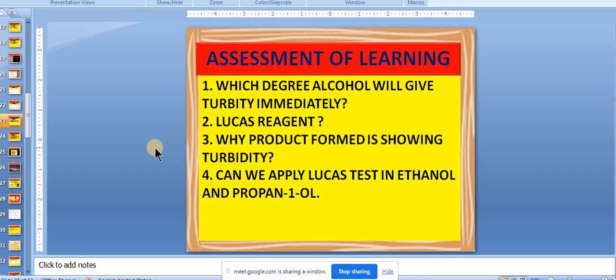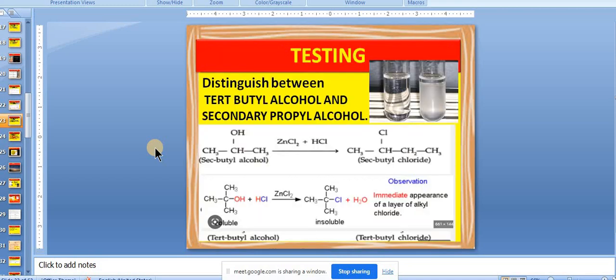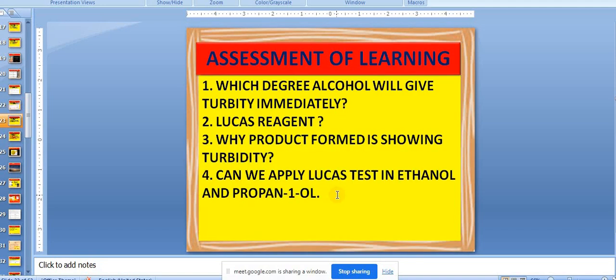Because alkyl halides are formed, as you see from the previous reaction, and alkyl halides are not soluble in water. They cannot form hydrogen bonds with water and cannot break the existing hydrogen bonding between water molecules. That is the reason turbidity is shown.